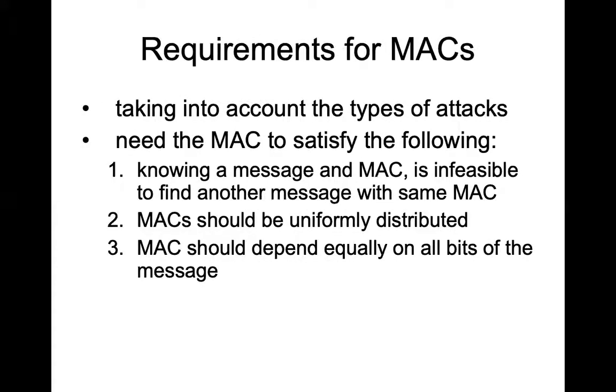Okay, so it needs to take into account various types of attacks. Of course, knowing a message and the MAC, you should not be able to find another message with the same MAC. If you're able to do that, you can replace the message, send the same MAC, and the receiver will be fooled into thinking that the message is correct. So the distribution of these MACs should be uniformly distributed, right?